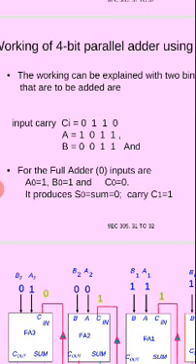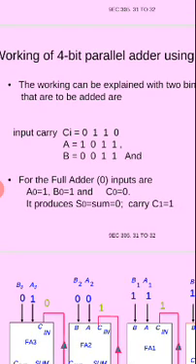For the full adder 0, inputs are A0 equal to 1, B0 equal to 1 and C0 equal to 0. It produces sum 0, carry 1.